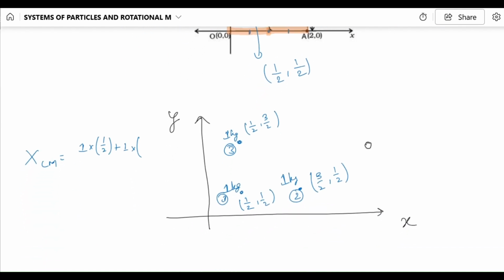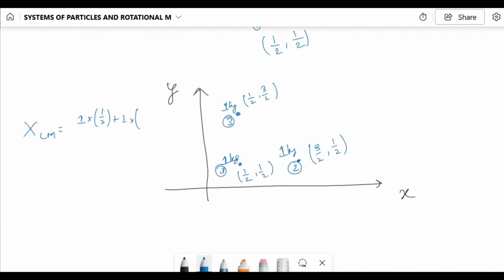So we have x2 as 3 by 2, and plus 1 into x3, 1 by 2. And then m1 plus m2 plus m3, that is the total mass. I'm not writing the kg unit everywhere, because ultimately it is going to cancel out, as we have kg on the numerator side and kg on the denominator side as well.